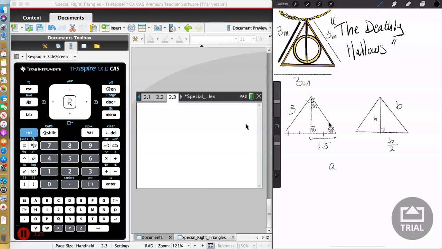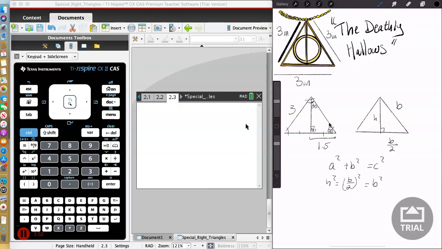In our Pythagorean theorem, we know we have a squared plus b squared equals c squared. So let's plug in what we have. Our c squared we're calling just b. Our b squared we'll call b over 2. We would square this whole thing. And our h, again, is just going to be h squared, whatever that is.